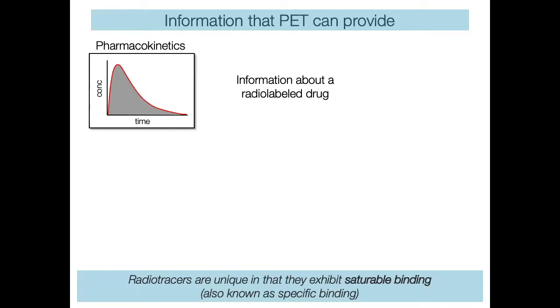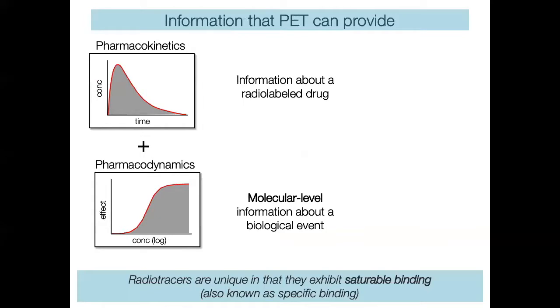One, we can learn about the pharmacokinetics. This is really the information about the radiolabeled drug itself. We can also learn about pharmacodynamics, which is the effects the drug has on the body and gives you information about a biological event inside the body.